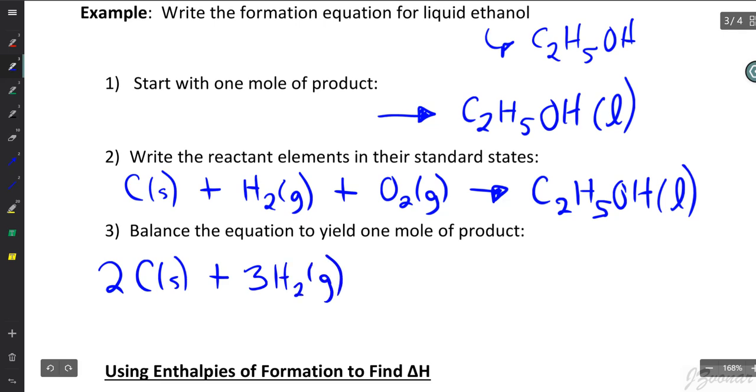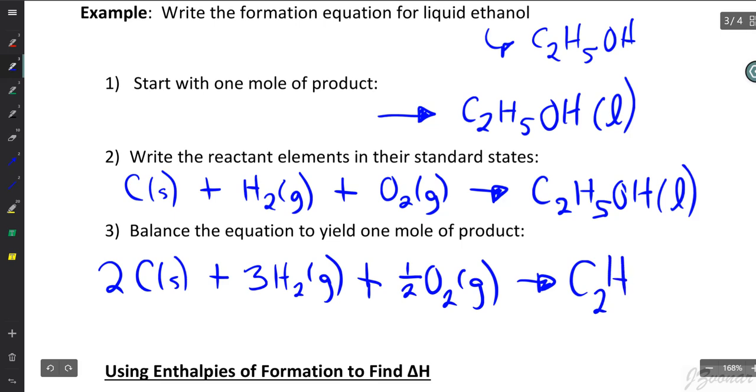And then we've got only 1 oxygen, so I need to include a half oxygen molecule. All right, because 1/2 times 2 gives me 1. So this now is my equation for the formation of liquid ethanol.